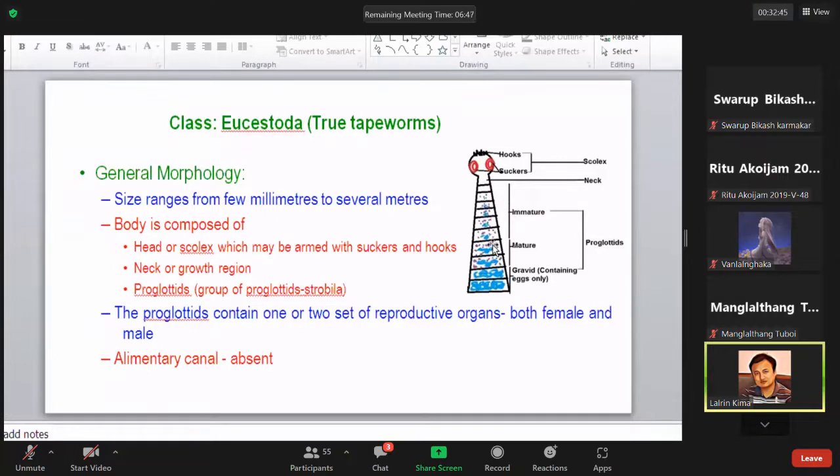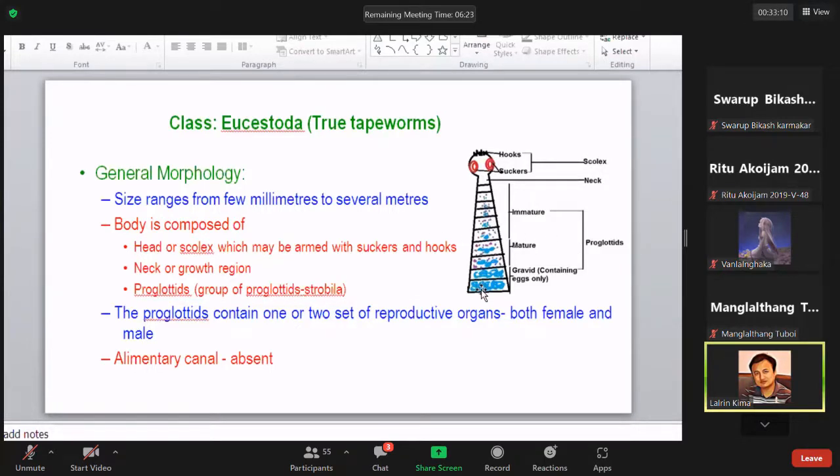So this mature proglottid will become gravid proglottid, and the immature proglottid will become mature. So there is no alimentary canal. The mode of nutrition is entirely absorption of nutrients from their surroundings.